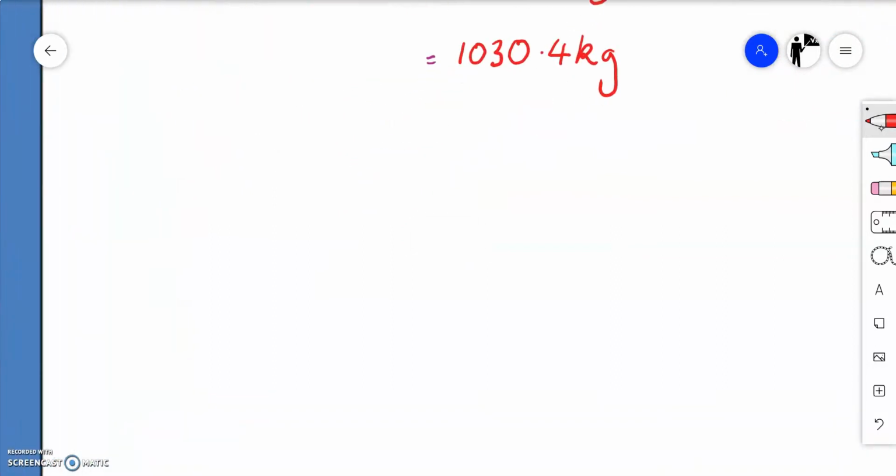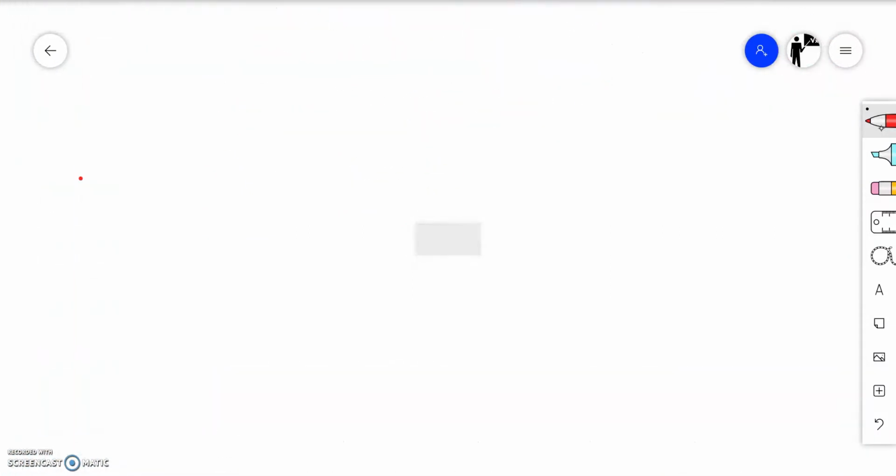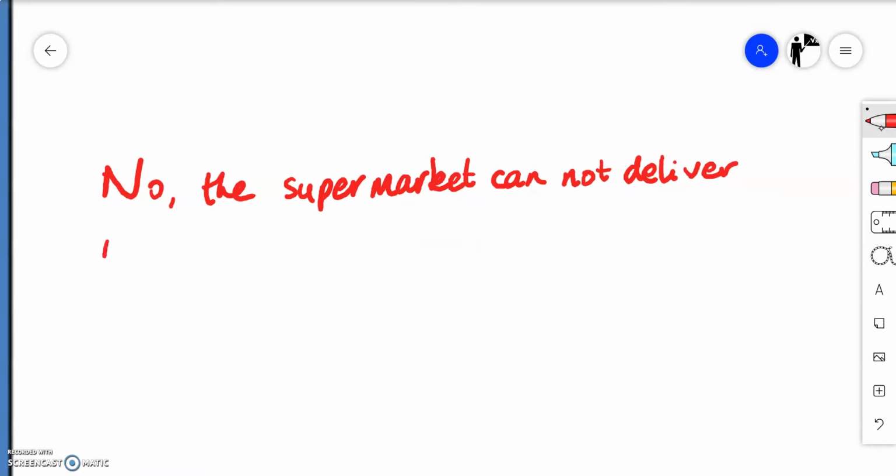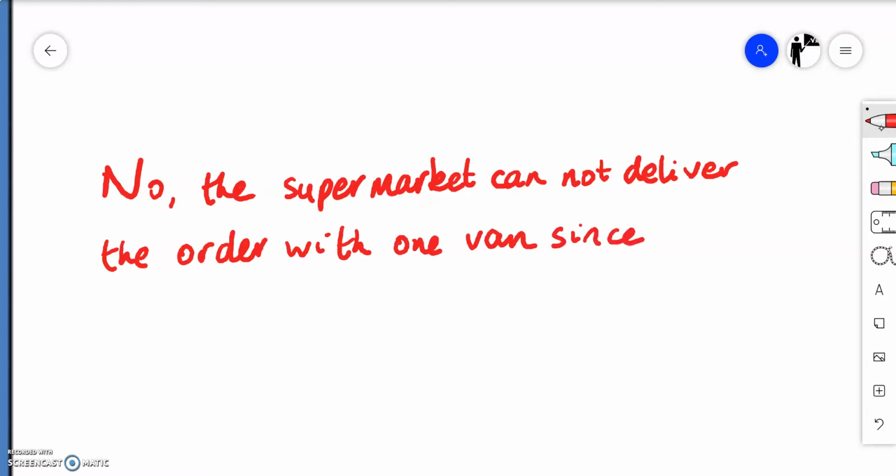We'll just say no. The order cannot be delivered with one van, since 1030.4 kilograms is more than 1000 kilograms.